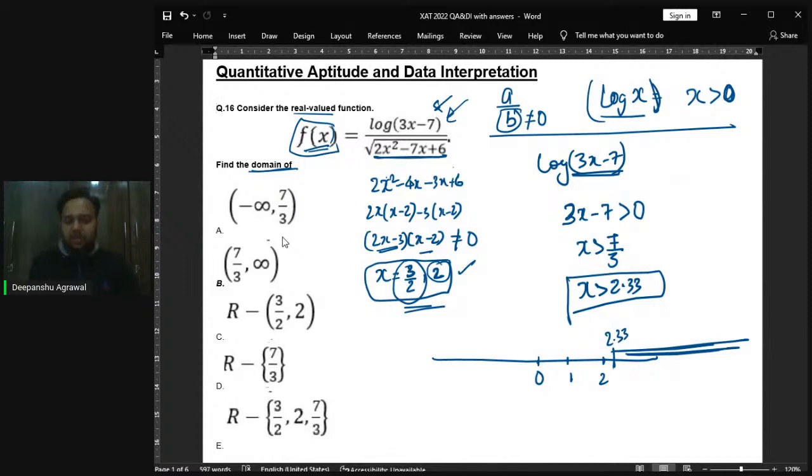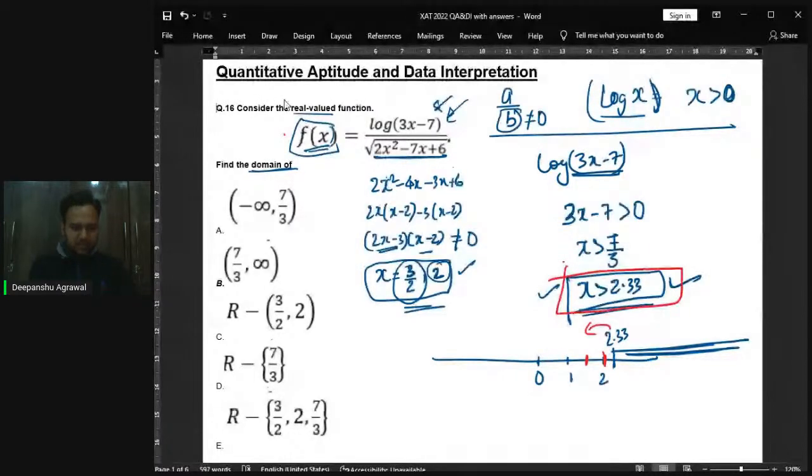Okay. So this has already been covered in the x greater than 2.33 condition, because obviously 1.5 and 2 will be on the left side of 2.33. So the domain, or the values that we can put in this function, should be x greater than 2.33.